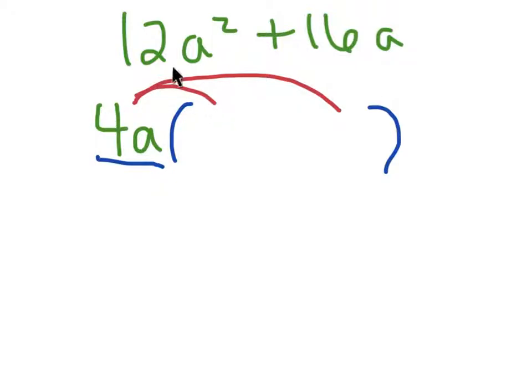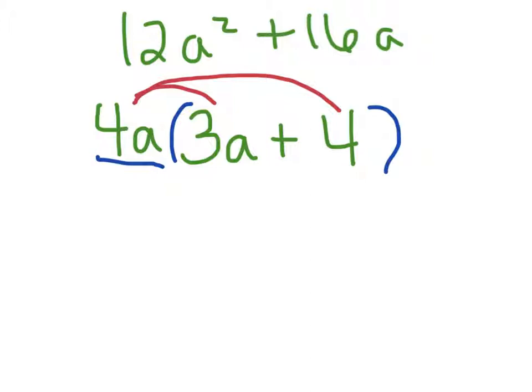So if we take back 4a from 12a squared, we would get 12 divided by 4, which would give us 3, and a squared divided by a, which would give us a. Then we would also have 16a. We need to take this 4a back from 16a, and 16a divided by 4a is 4.